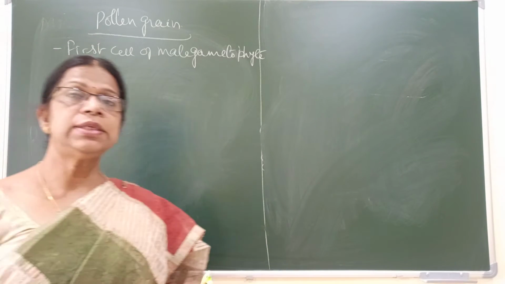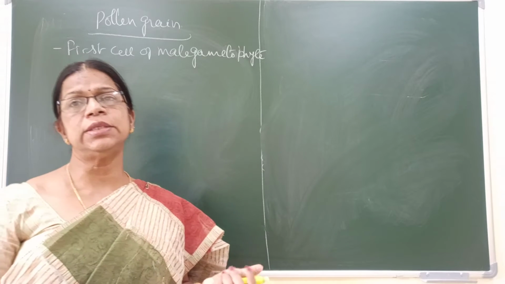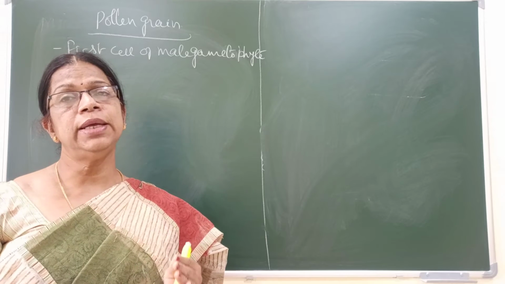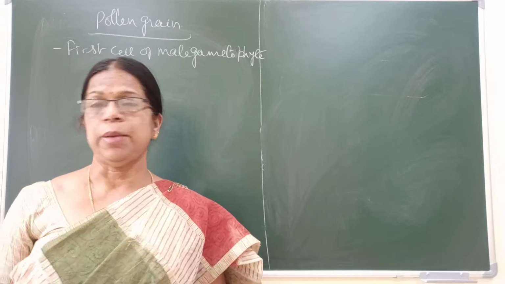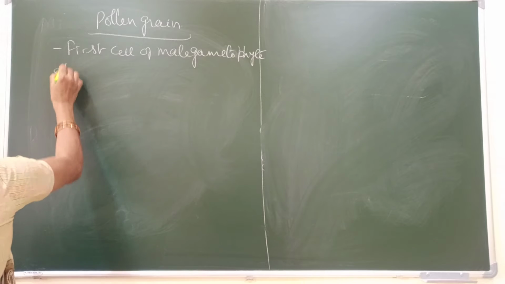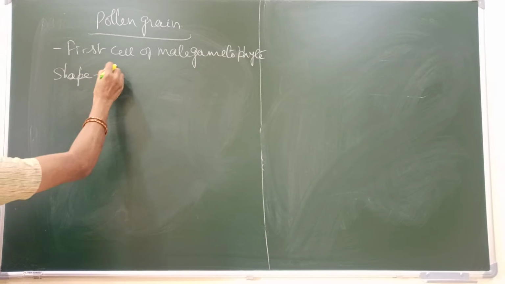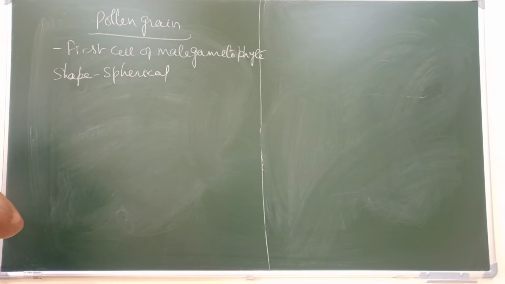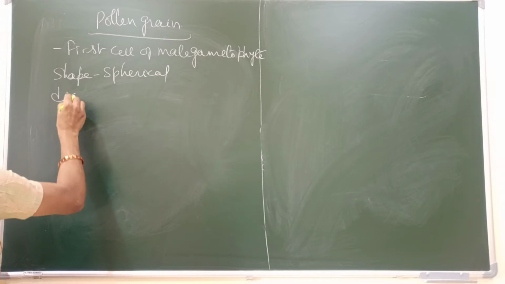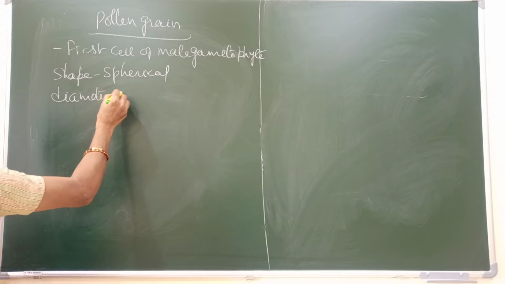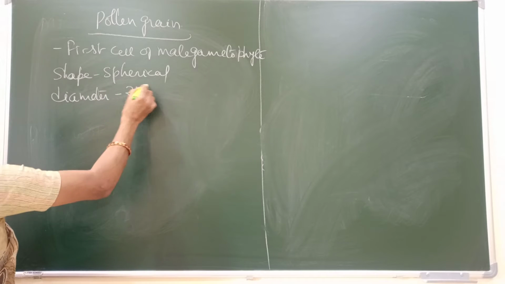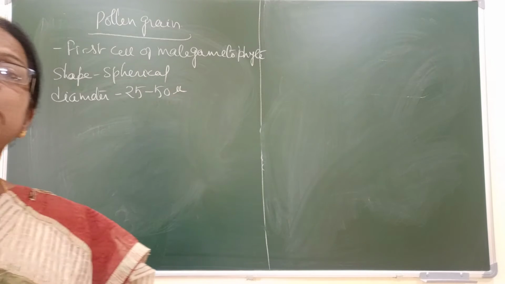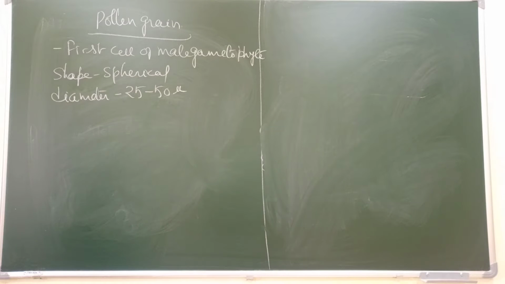Pollen grains can exhibit different sizes and shapes, and they have different patterns. Most commonly, the pollen grains will be spherical in shape, with a diameter of about 25 to 50 microns.